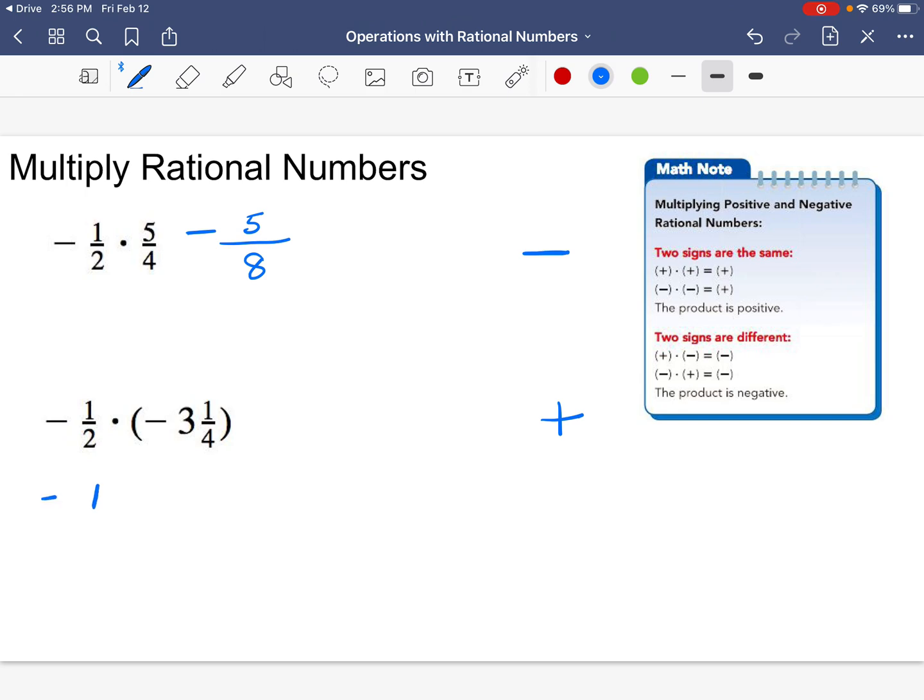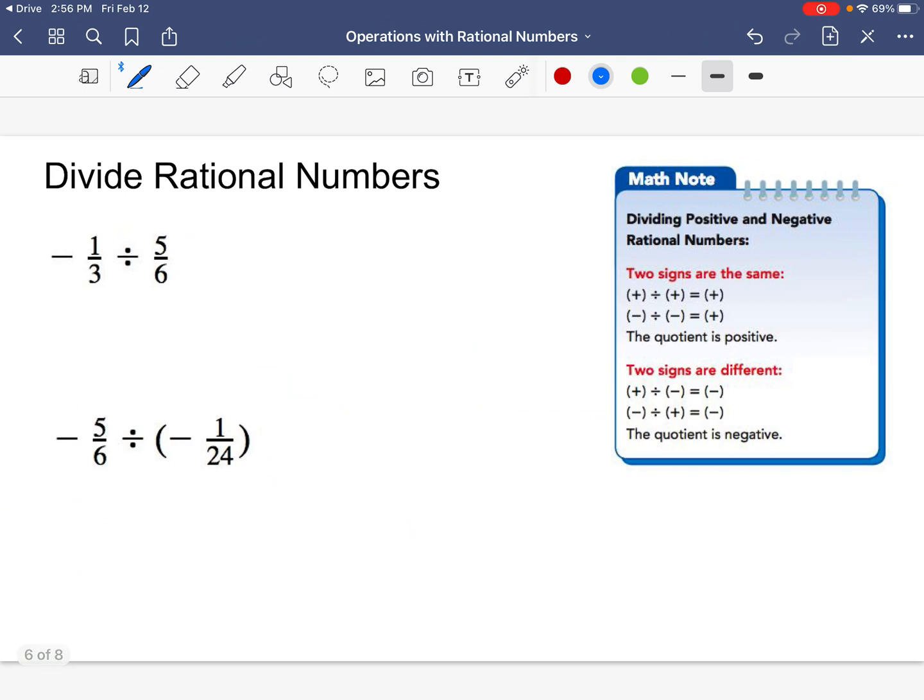So I'm going to have negative 1/2 times negative 3 times 4 is 12 and 1, 13/4, which will give me 13/8, which is 1 and 5/8, and it's positive.